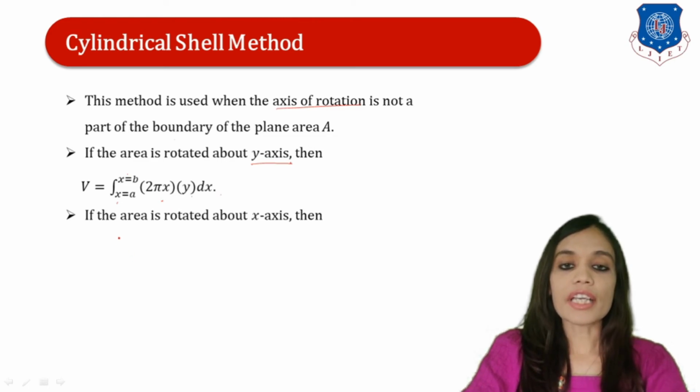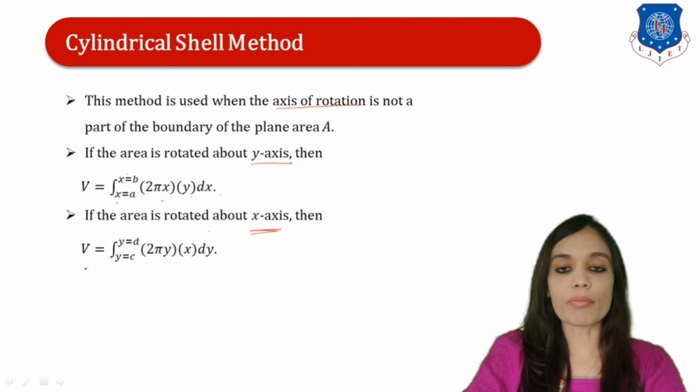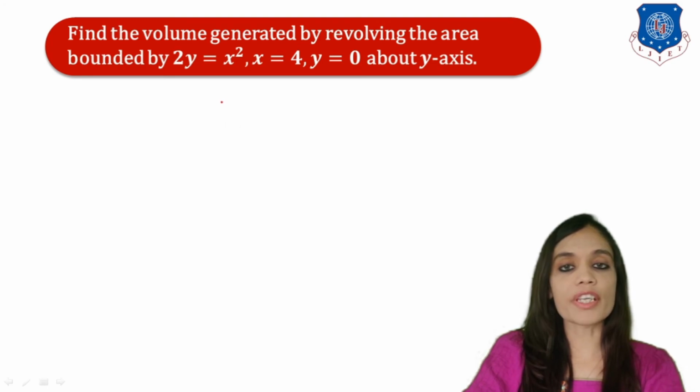And if the area is rotated about the x-axis, then V is given by the integral from y equals c to y equals d of 2 pi y x dy, right? So now let us solve an example based on this.